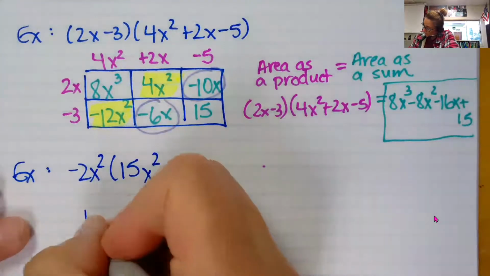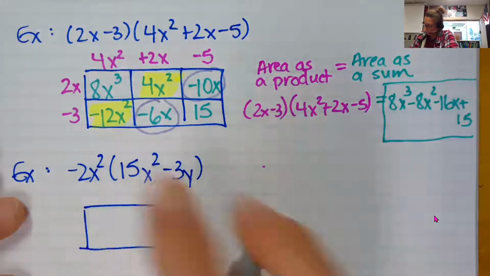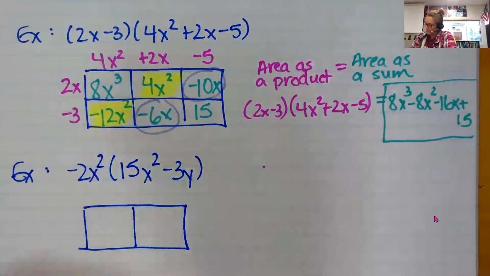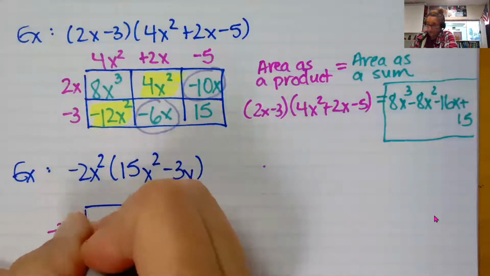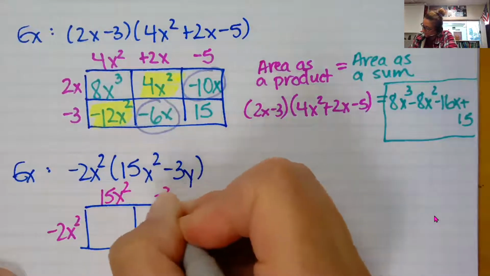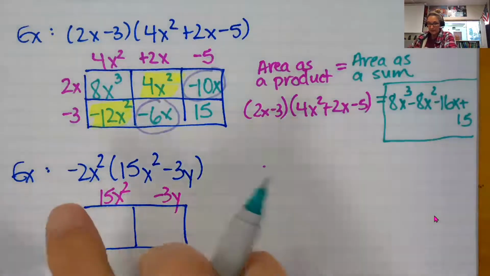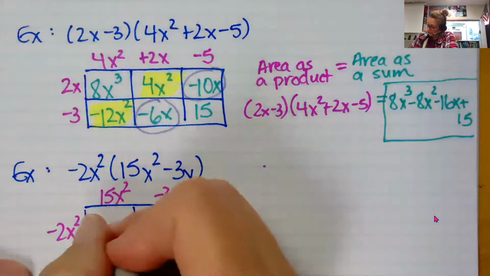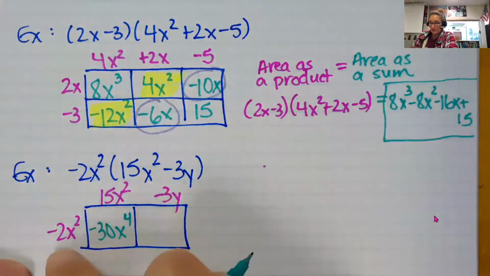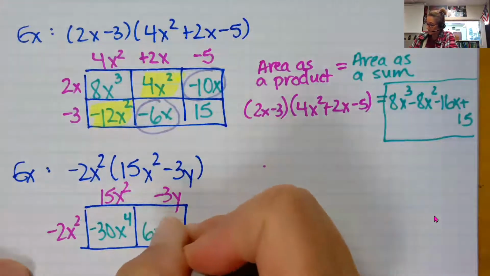So I'm going to have a 1 by 2. And I am going to have a negative 2x squared here, a 15x squared, and a minus 3y. Multiply. Negative 2x squared times 15x squared is a negative 30x to the fourth. A negative 2x squared times a negative 3y is a 6x squared y.